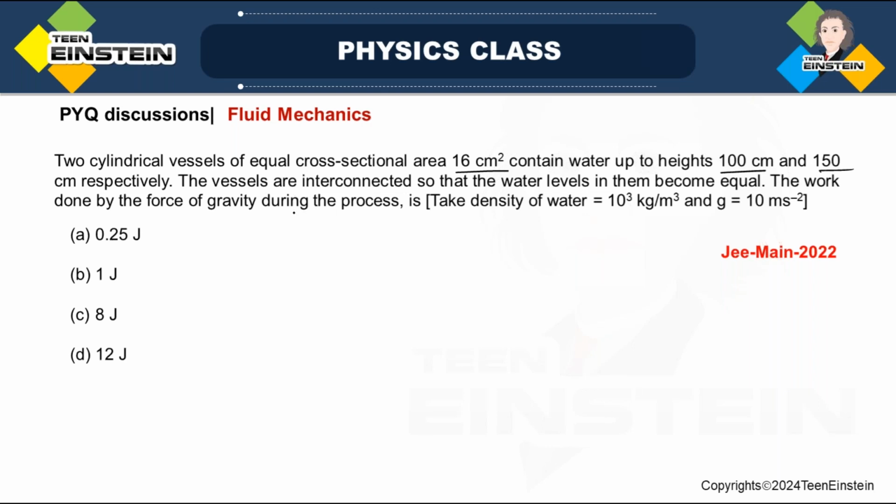Vessels are interconnected so that the water level in them becomes equal. The work done by the force of gravity during this process is how much out of these?